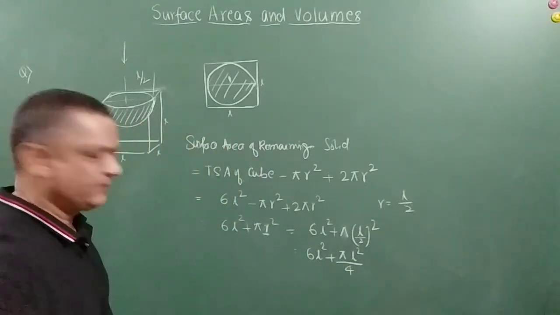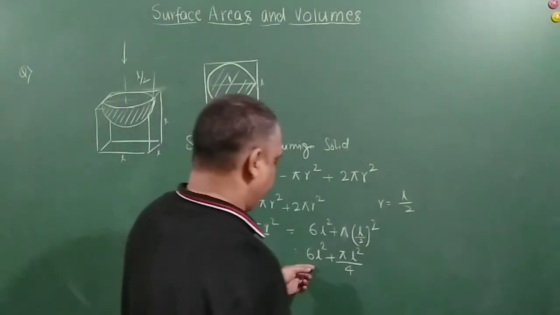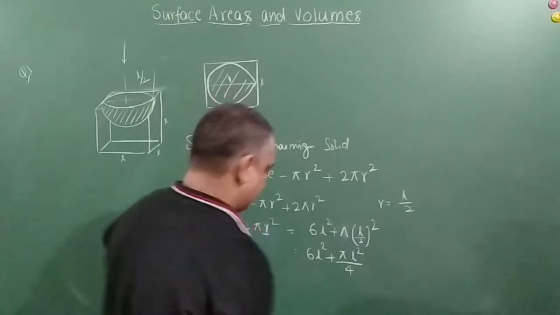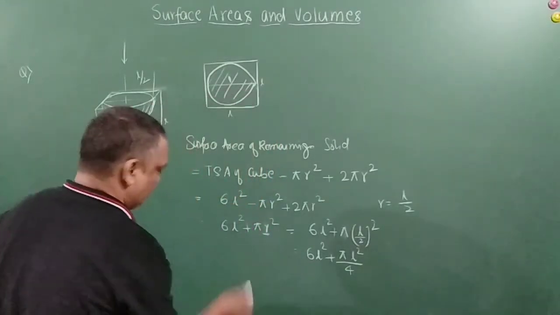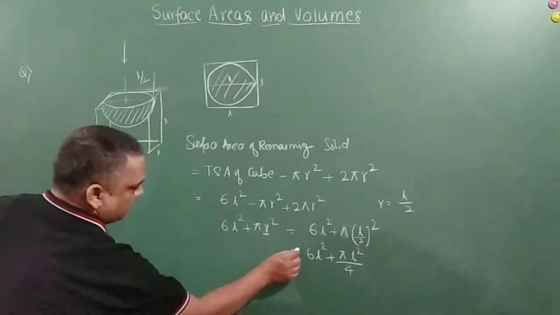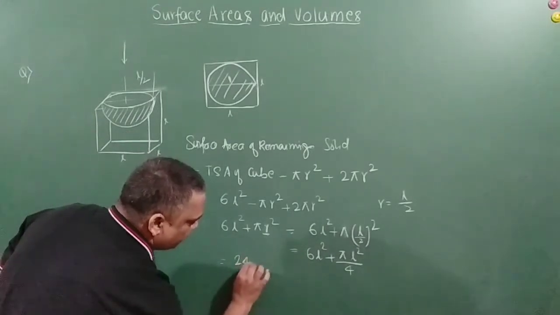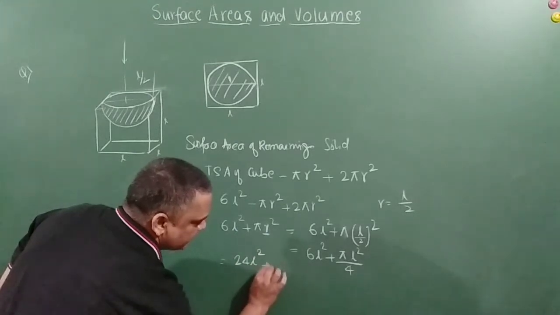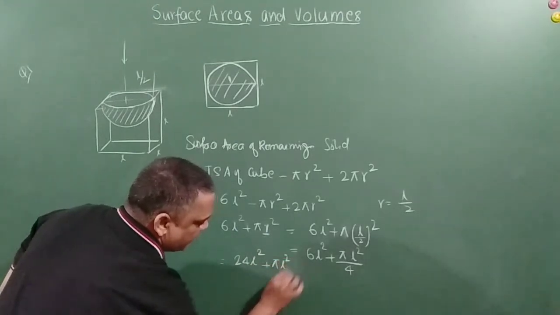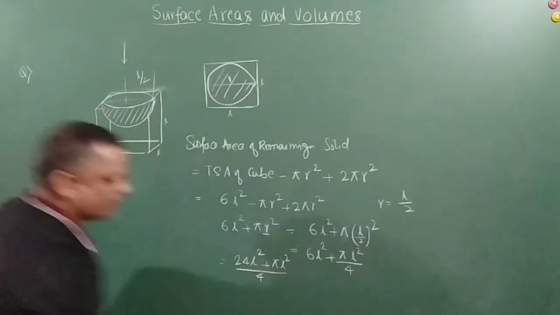Correct, friends? Right? So now we can take 4 as an LCM. I'll solve it here. So this becomes 24 L square plus pi L square, whole thing divided by 4.